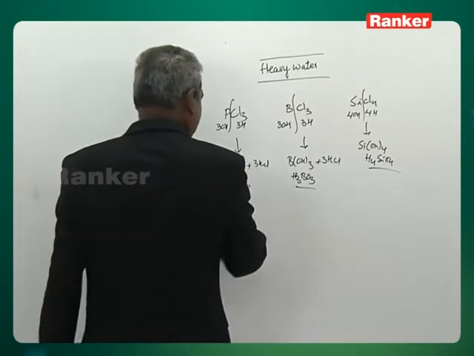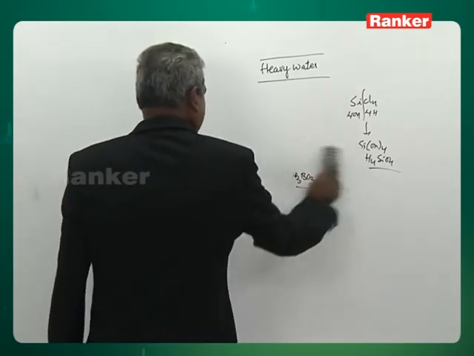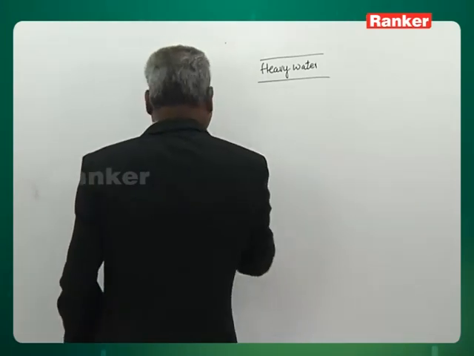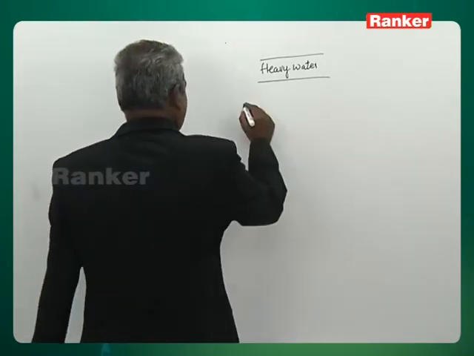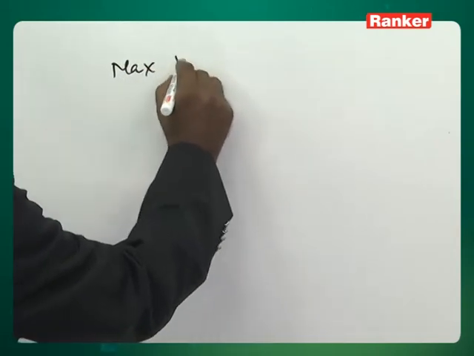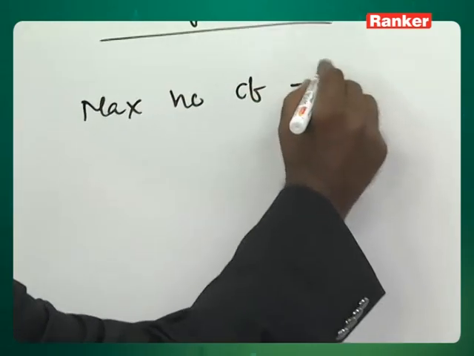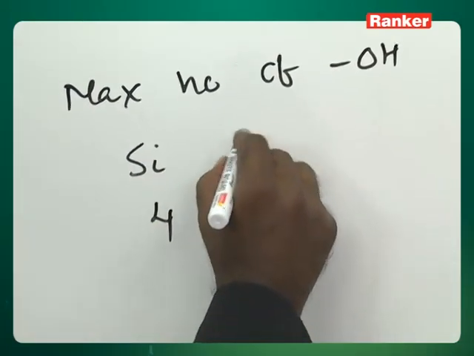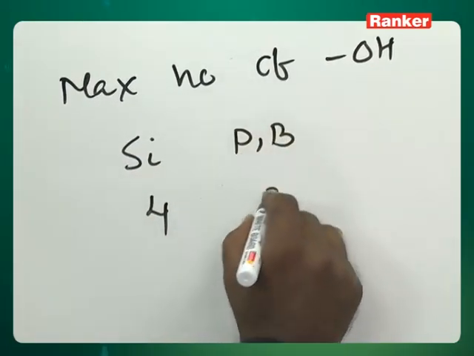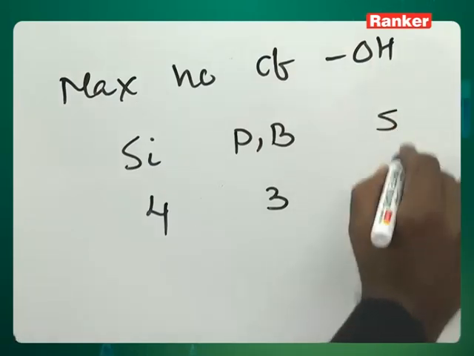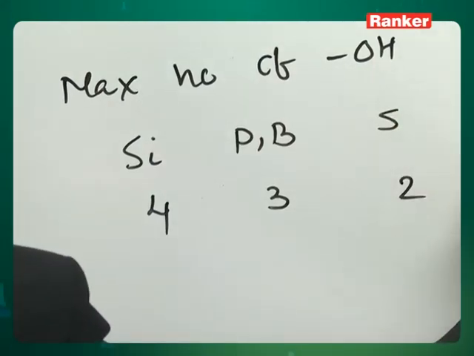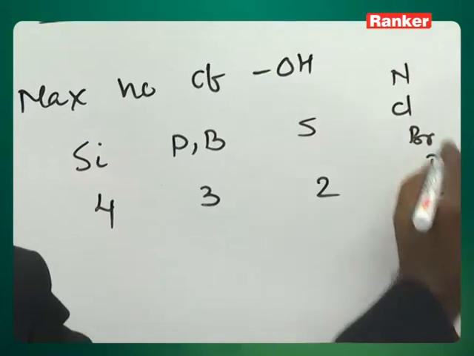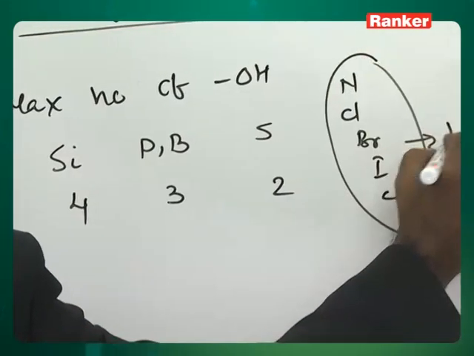So let us generalize the maximum number of OH groups that are permissible. Silicon can handle 4 OH. Phosphorus and boron can handle a maximum of 3. Sulfur only 2. Chlorine, bromine, iodine, nitrogen, carbon, etc. can handle only 1 OH group.